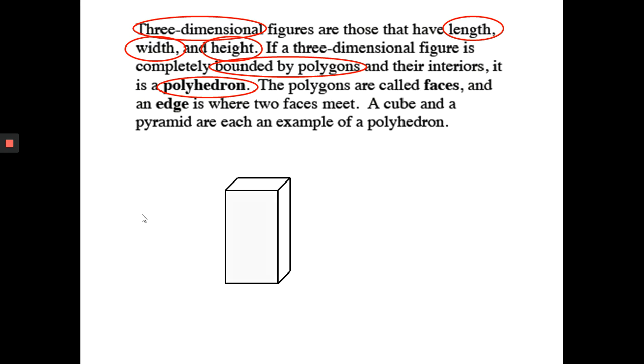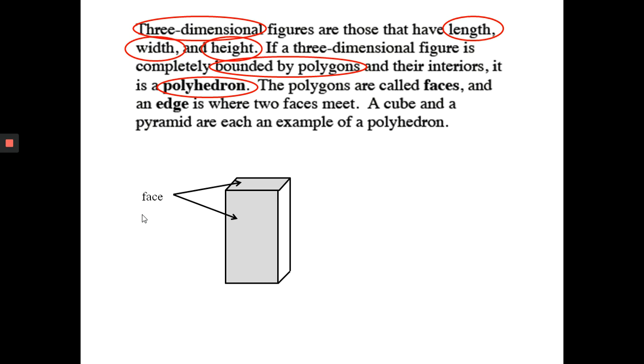So if you look at the front rectangle of that, and the top side is also a rectangle. So if you go all the way around this polyhedron, it's just a bunch of rectangles. So those are polygons that make that polyhedron, that enclose it. So we can call those faces.